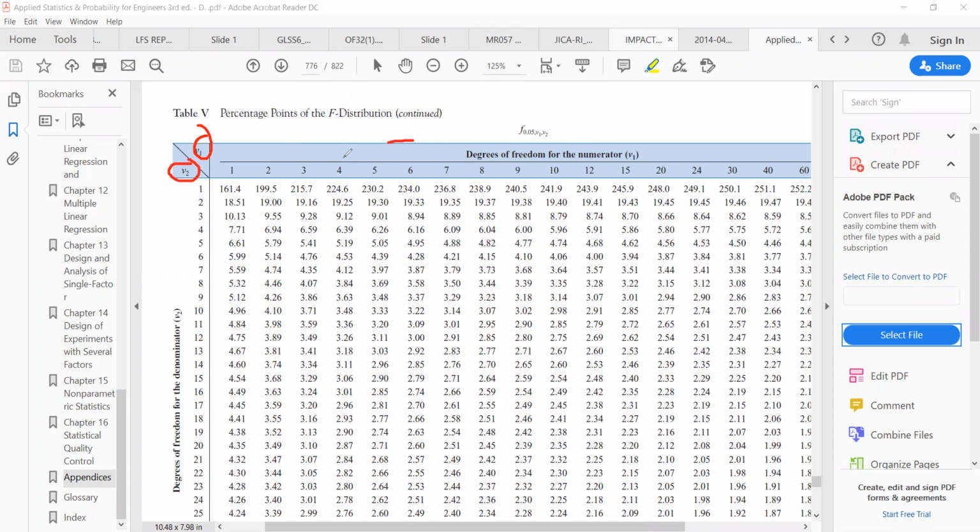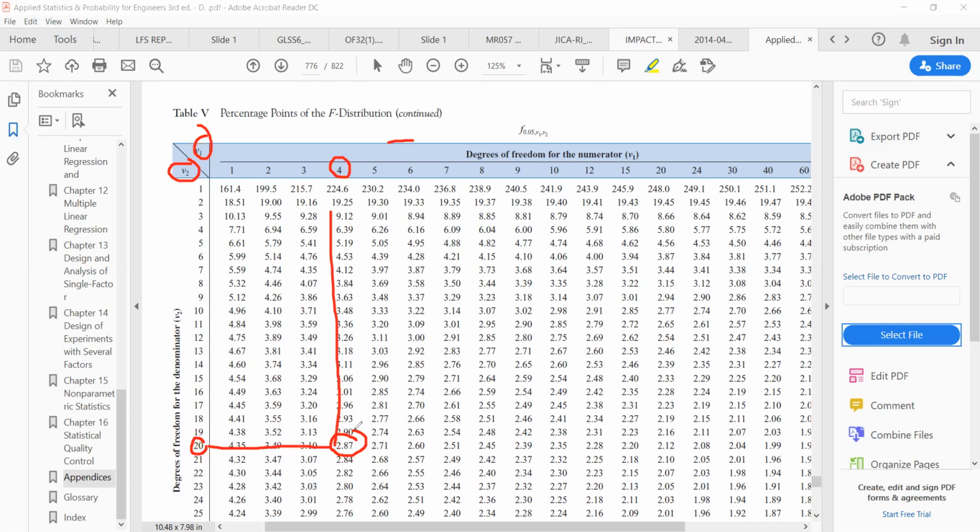So here we're going to read 4, and then at this point we're going to read 20. So we read the two columns like we always read a statistical table. Where they intersect, this is F, the critical value. So our critical value is what?